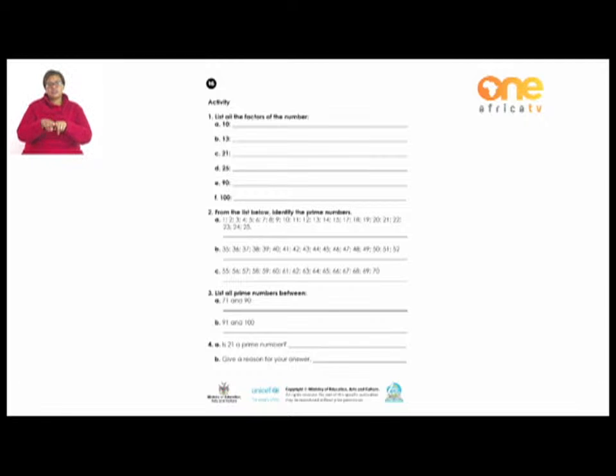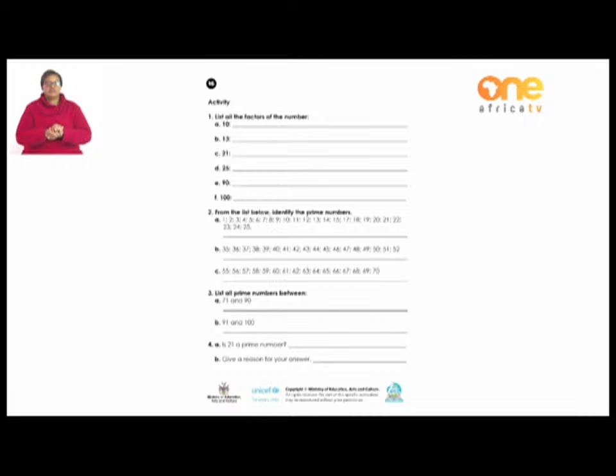You do the same with B and also with C. 3, you need to list all prime numbers between 71 and 90. B between 91 and 100. Number 4, A. Question is asking, is 21 a prime number? You only need to say yes or no. B, you need to give a reason why do you say yes or why do you say no.